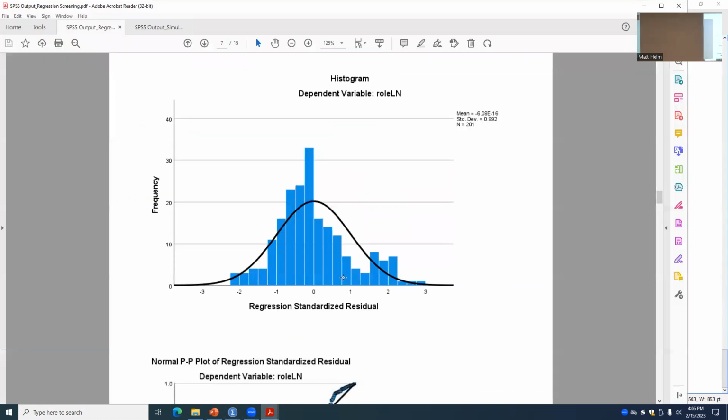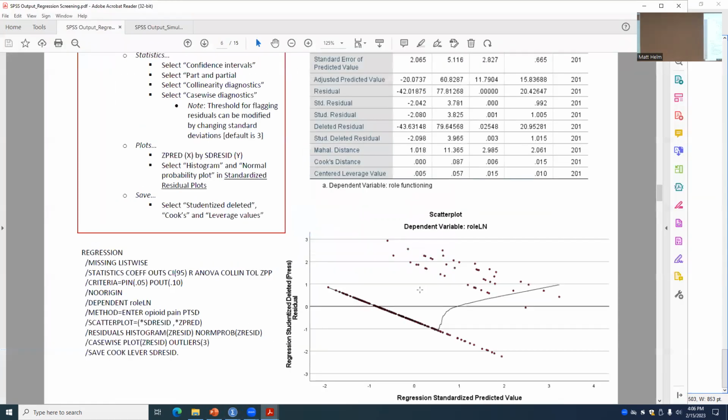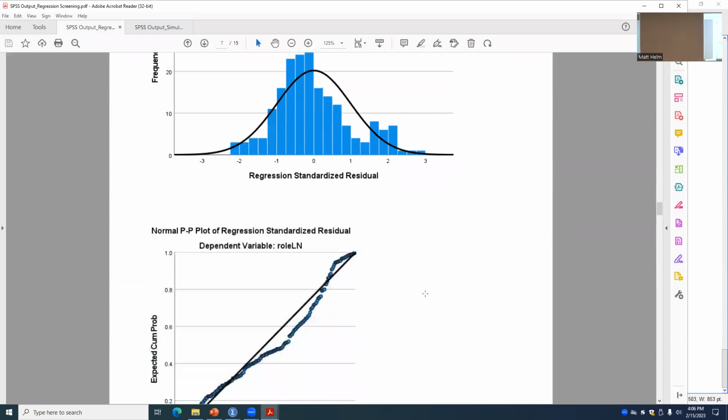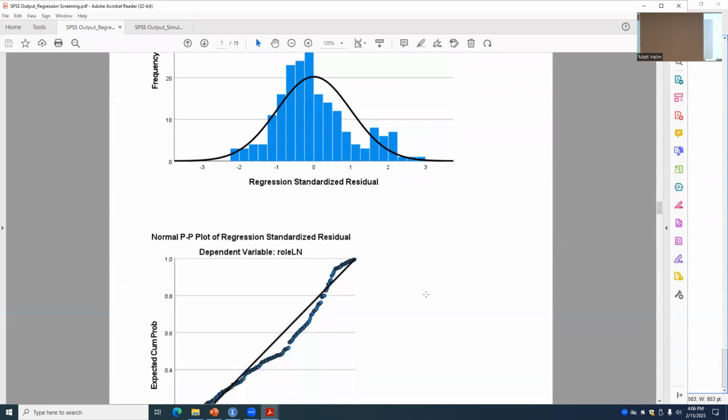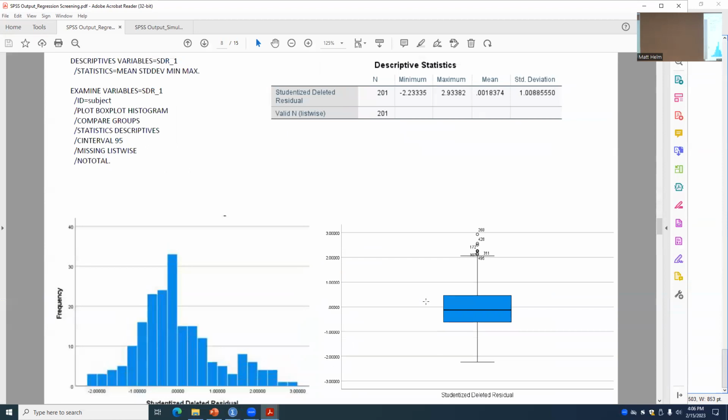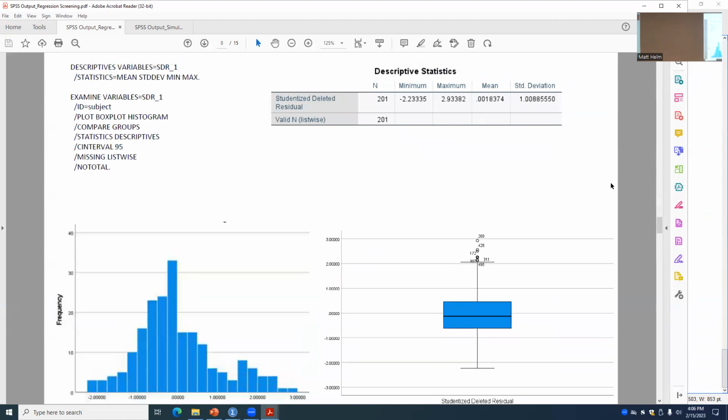That's tiny to see, so I'll just switch back over to the handout. All right. So I request my studentized residuals. Here are my descriptives for my studentized residuals, and here's my box plot and my histogram. What we're really looking for here, remember, is large residuals.